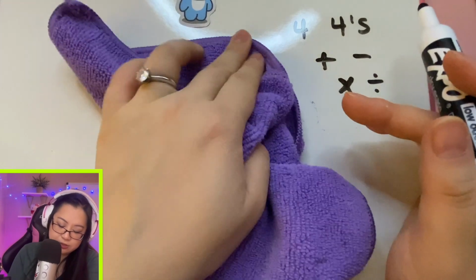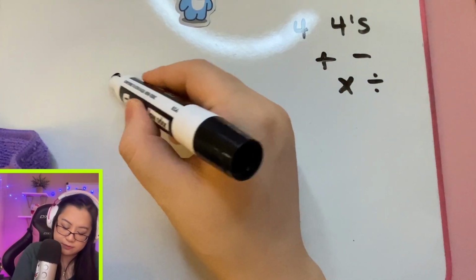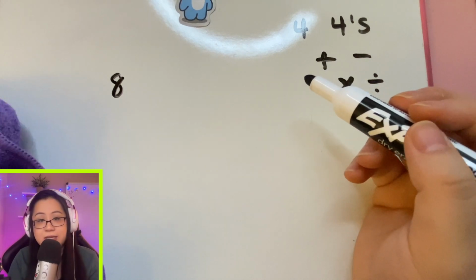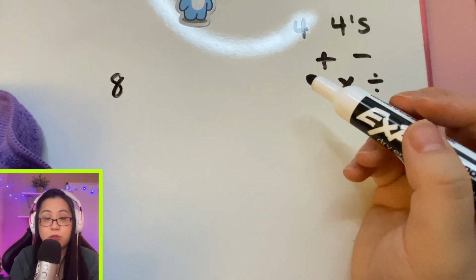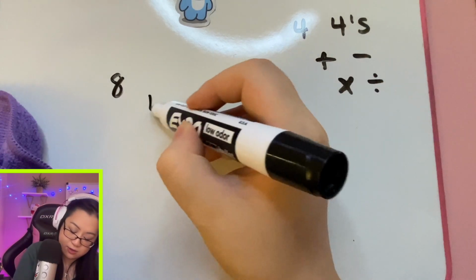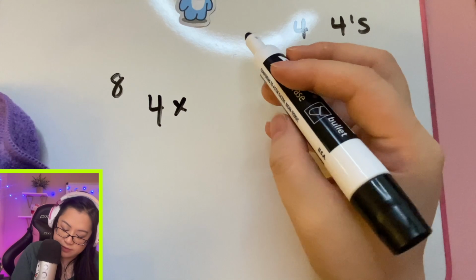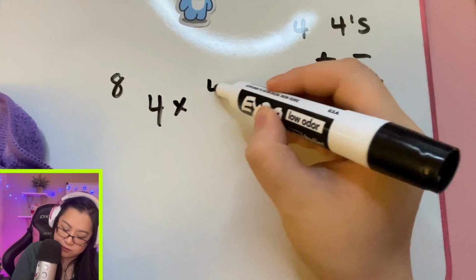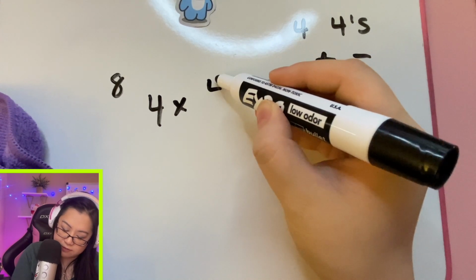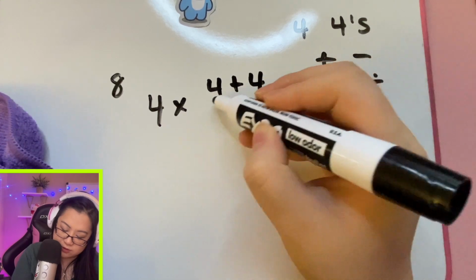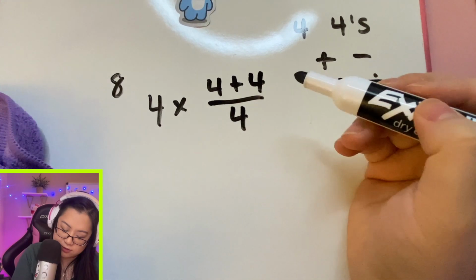Number 8. 8 is just 4 times 2, right? So how do we get to using 3 4s? How about 4, wait a minute, 4 plus 4 over 4.